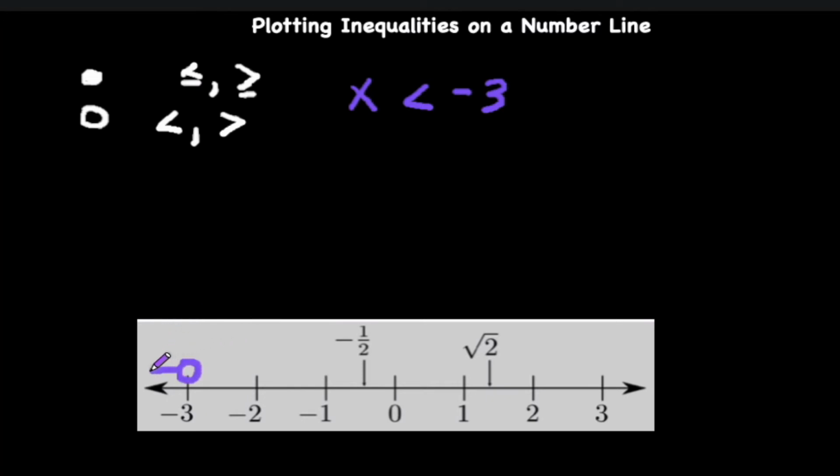So we'll shade everything to the left of -3. And this open circle, like I said earlier, means that -3 is not included in the solution. That means all other numbers to the left of -3 are included, which will make this statement true. Okay, let's go over another example.